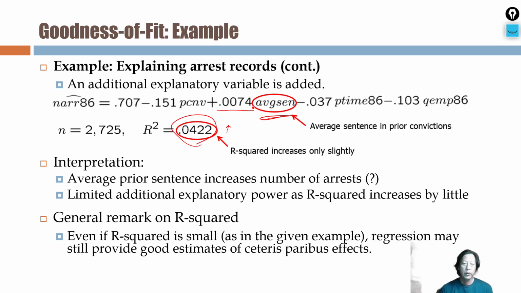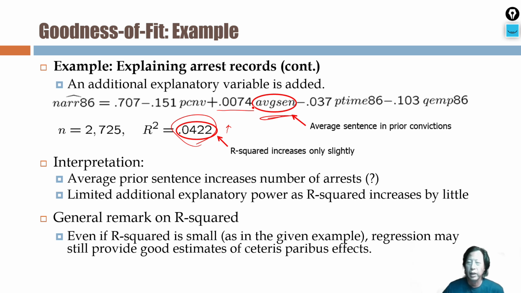So even if R square is small, the regression may still provide a good estimate of the ceteris paribus effect. That's why R square can be very small, because there are a lot of different factors which are important.